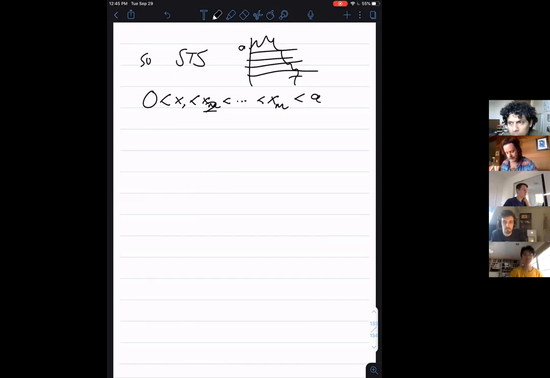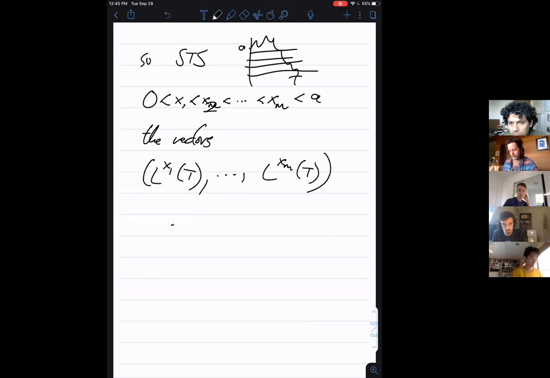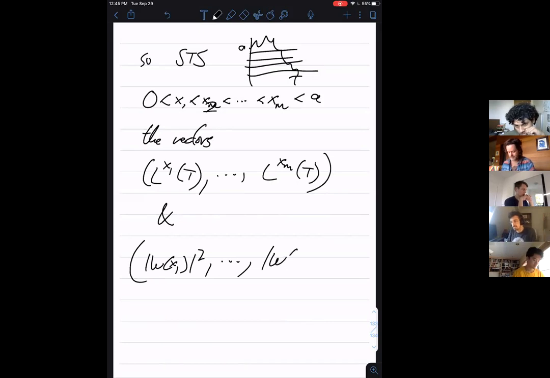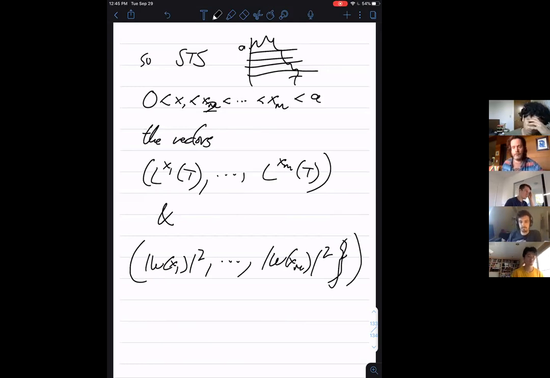Well, we can look at the random vectors, thus indexed, for local time and for our squared Bessel process. So it's enough to show those are equal in law.